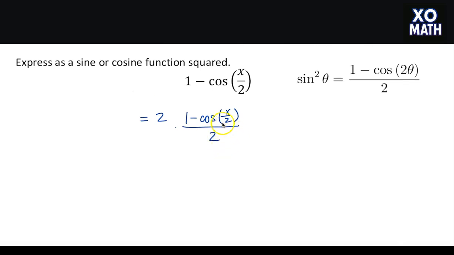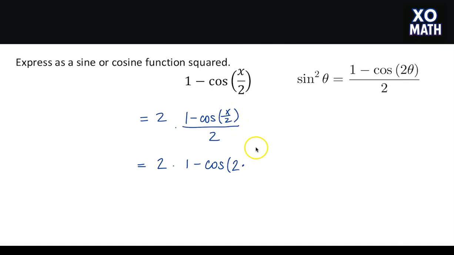Now I'm starting to look like what I have over here. But what I need inside the cosine function is, again, something that looks like 2 times a variable expression. So how do I rewrite the inside of this so that it's 2 times something? I'll rewrite this as 2 times 1 minus cosine of 2 times, all right, what?